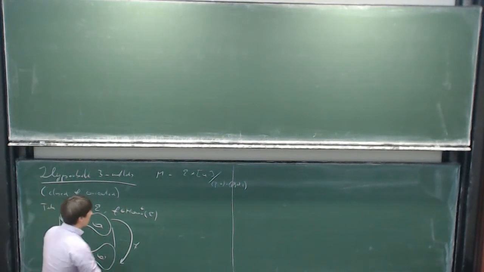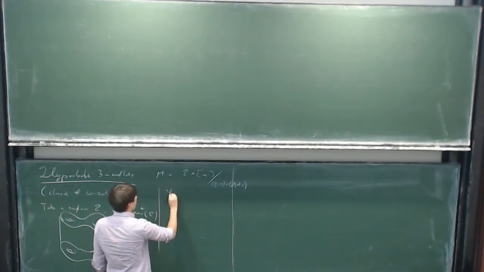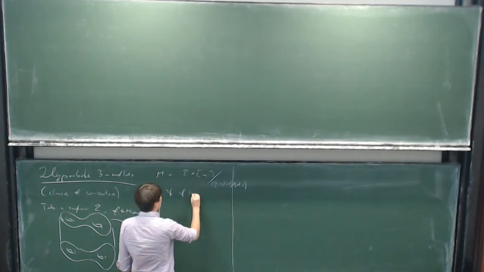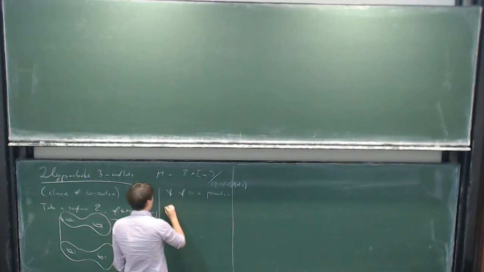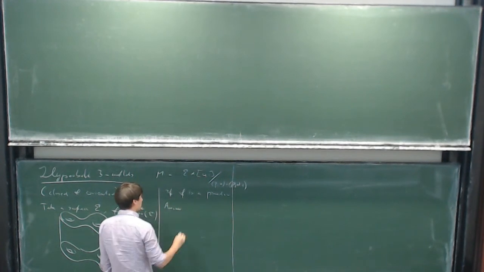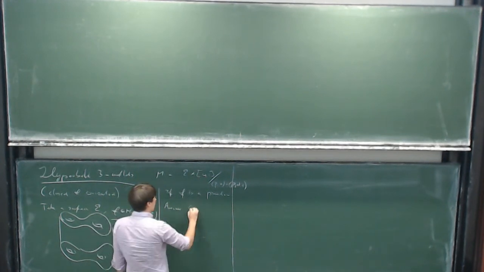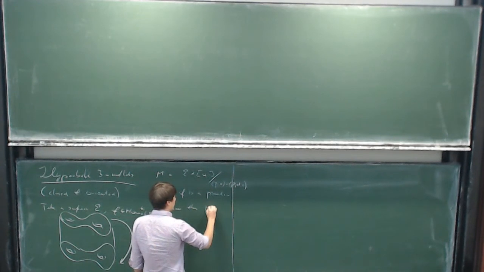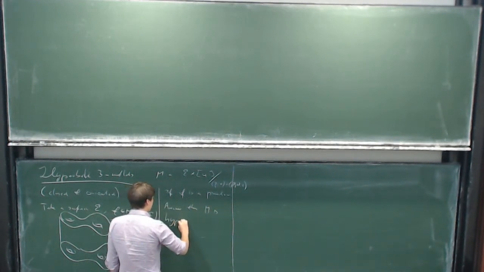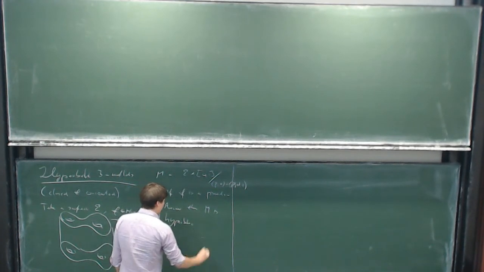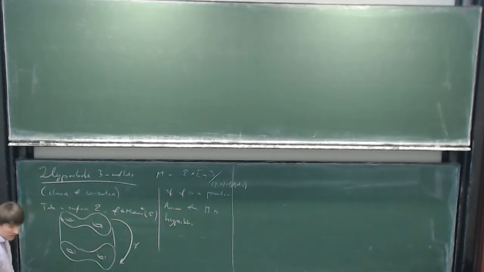Moreover, if F is a pseudo-Anosov mapping class, I will not tell you what these are, but if it is, then the manifold M is hyperbolic. So this is a construction of a hyperbolic three manifold.